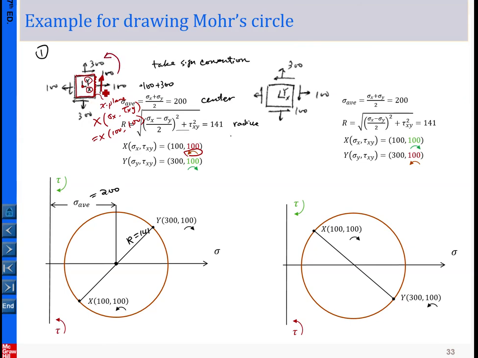Again, the direction of the shear stress has the tendency to rotate this block counterclockwise. That is the way we determine this rotation.